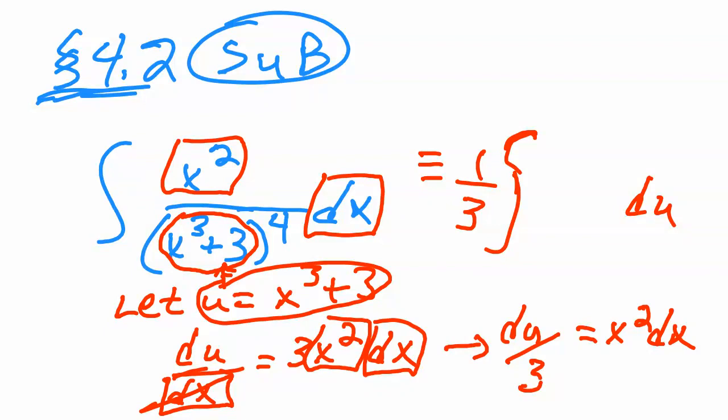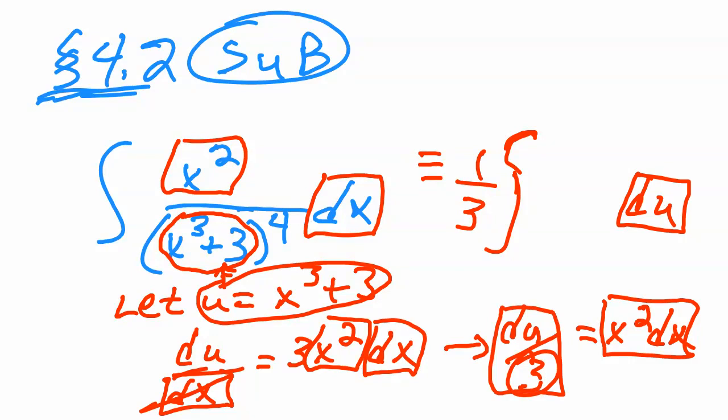So I can pull that 1/3 out. And then the x squared dx, I'm replacing with what? du over 3, right? So I've got the du over 3. Then that just leaves a 1 on top, and on the bottom I've got u to the fourth power.